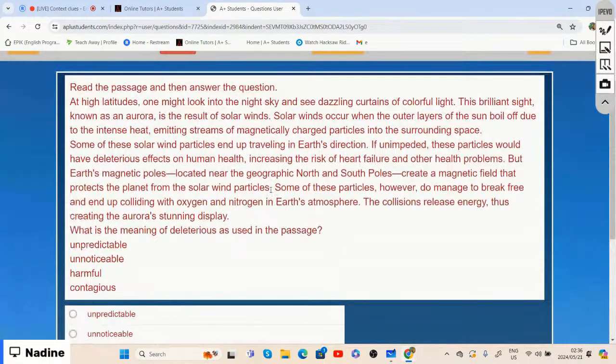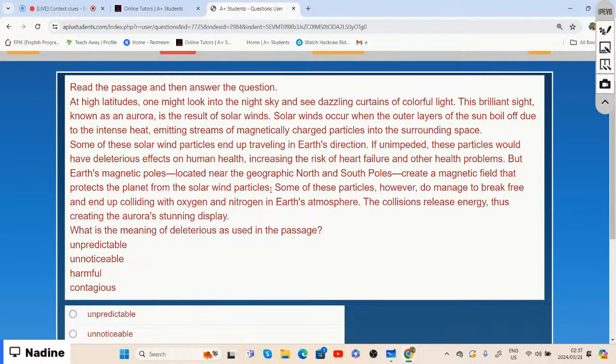It says at high latitudes, one might look into the night sky and see dazzling curtains of colorful light. This brilliant sight, known as an aurora, is the result of solar winds. Solar winds occur when the outer layers of the sun boil off due to the intense heat, emitting streams of magnetically discharged particles into the surrounding space.